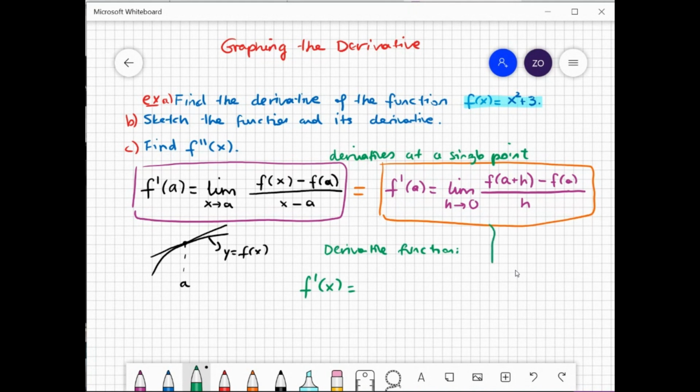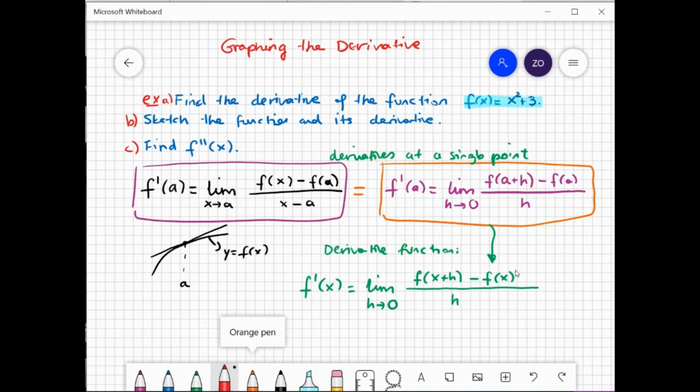To derive this function, we make use of this formula: the limit as the distance between the two points gets close to 0 of the function evaluated at x plus h minus the function evaluated at x, divided by h.